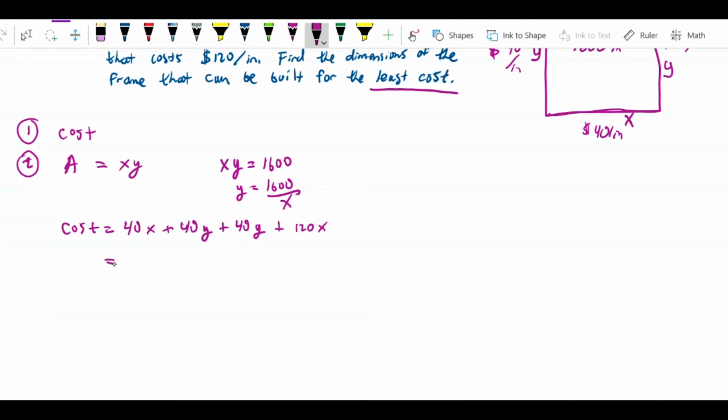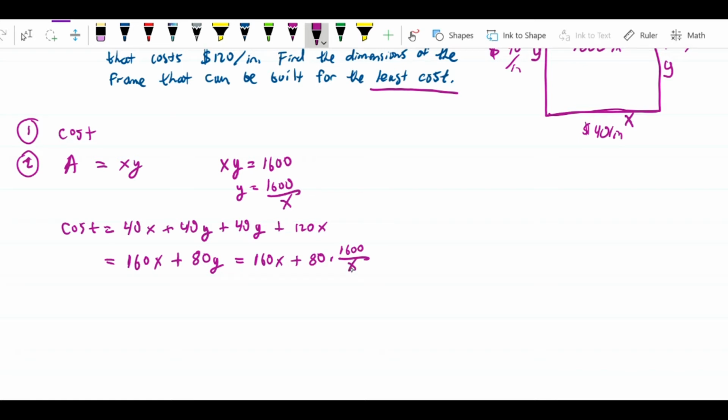So that's going to equal 160x plus 80y. And since we've written y in terms of x, that's going to be 160x plus 80 times 1600 over x.